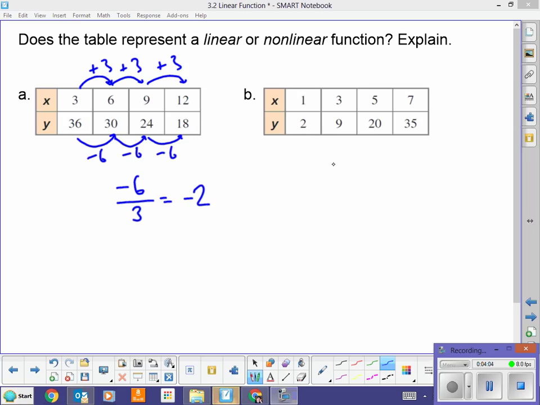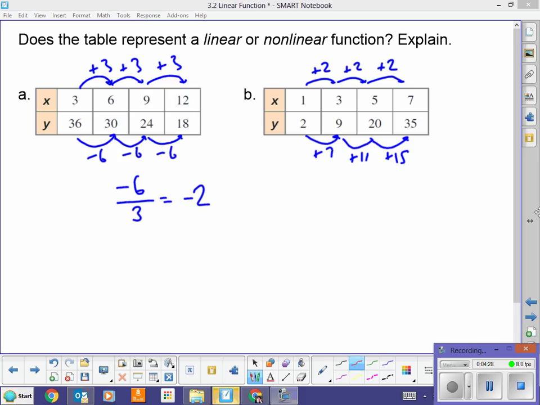Let's take a look at the second example here. 1 to 3 is a plus 2. Okay, so it looks like the x values here, the domain values, are increasing by 2. And then we have 2 to 9 is plus 7, and then 9 to 20 is plus 11, and then 20 to 35 is plus 15. So this is not a constant rate of change.